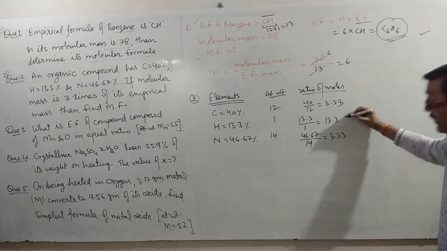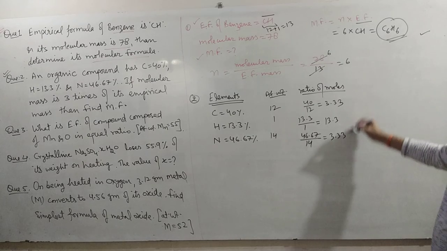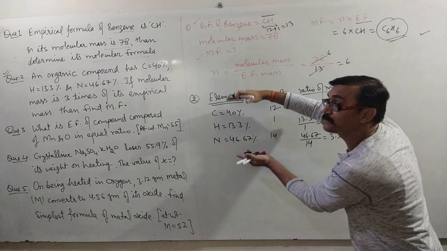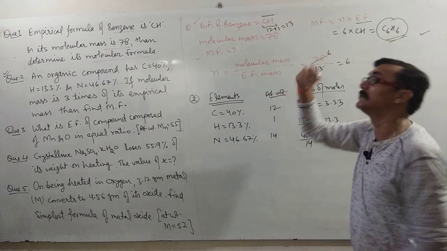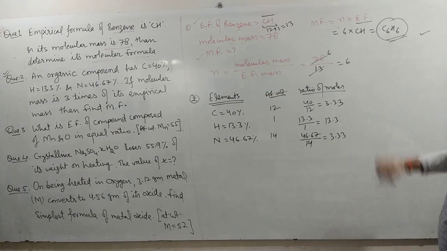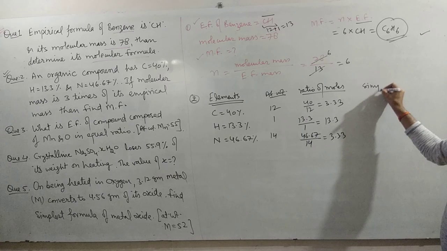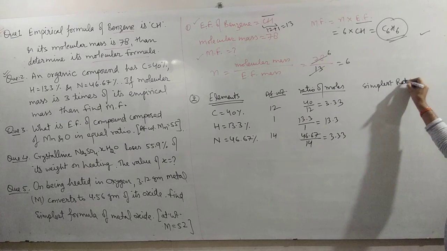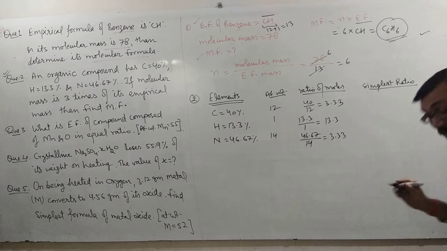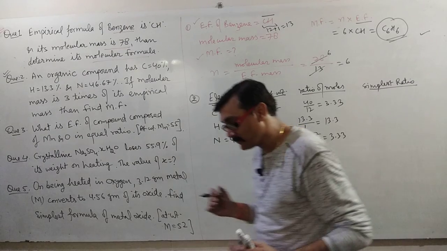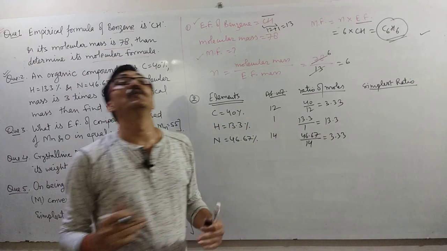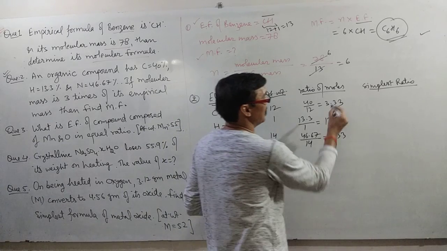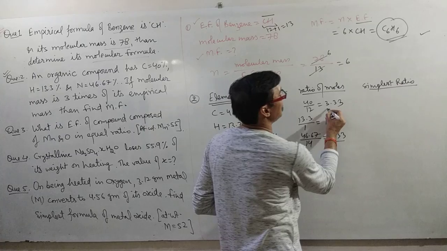So 3.33, 13.3 and 3.33 is the ratio of moles according to the mass percent of elements in the molecule. Now, to find the simplest ratio we have to multiply or divide with any number to make a simple ratio. From here, the smallest number is 3.33.